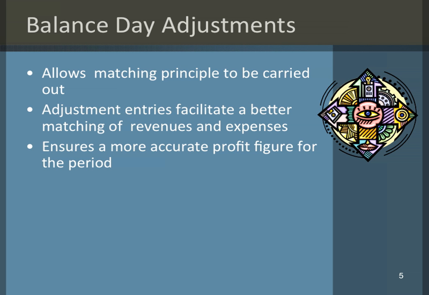So if the owner walks away and says, hey, I made a $250,000 profit this year, then they can be satisfied that indeed they did make that profit in the year, and that they're not including revenues earned from previous periods, or that they've accounted for all revenues that have been earned but may not necessarily have been realised or recorded.